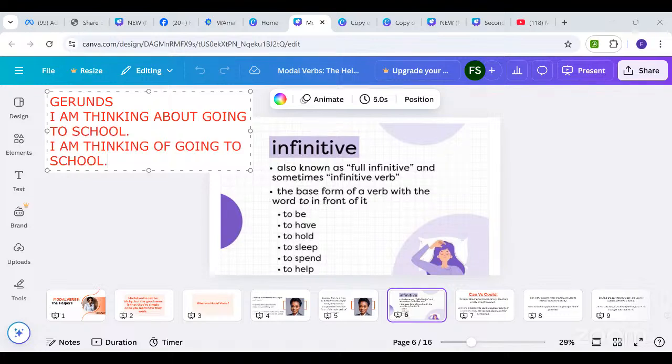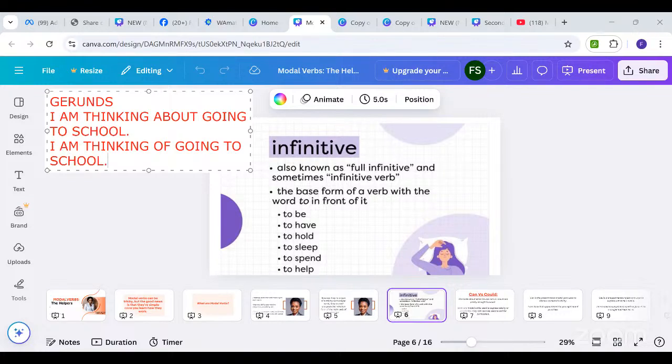Now the first one has the word about. Remember that I said that if a gerund is acting as an object, it has to be an object of a preposition. So first, about is a preposition.